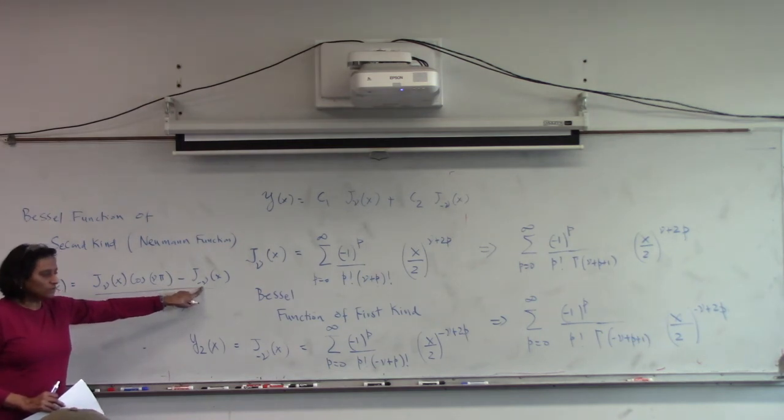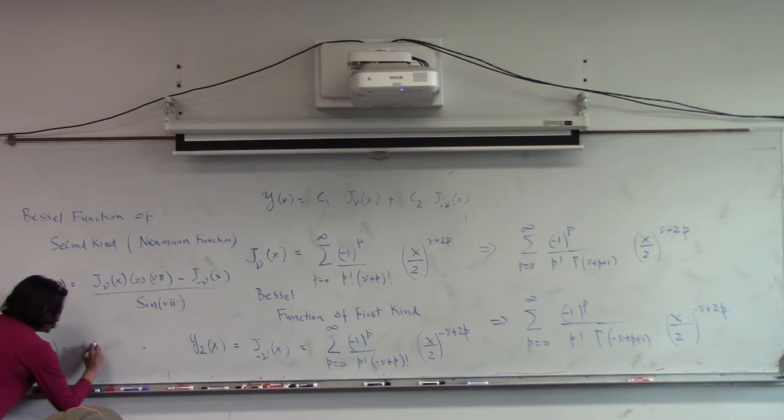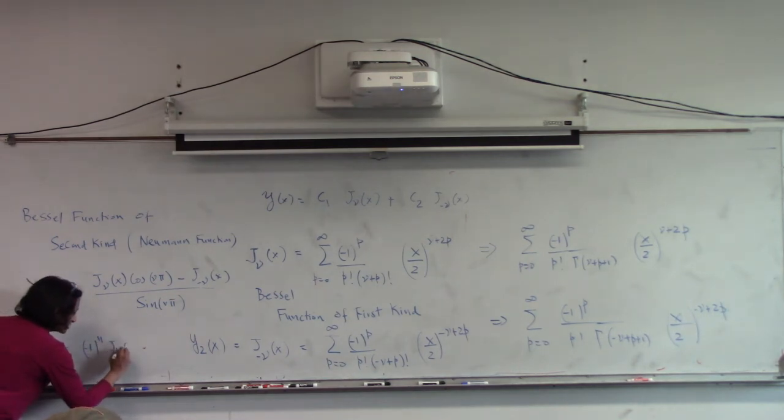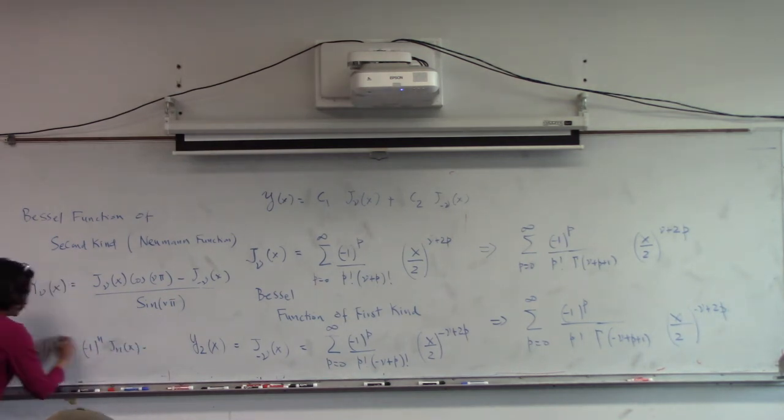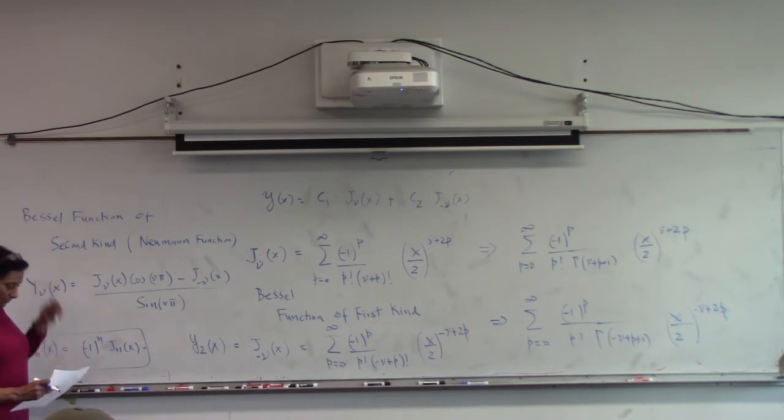If nu is equal to an integer, we have this property: J of negative n of x is nothing but (-1)^n J sub n of x. Now I'm assuming it is an integer, right? So what they do is propose the second solution. One solution comes from this Frobenius series.